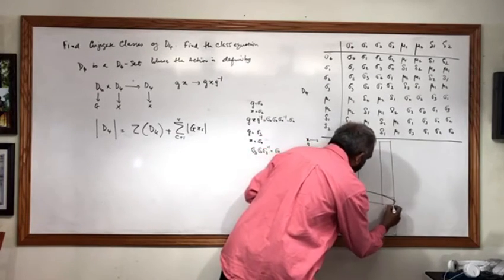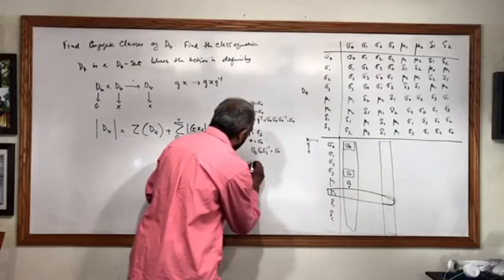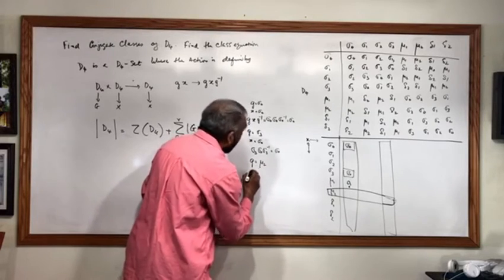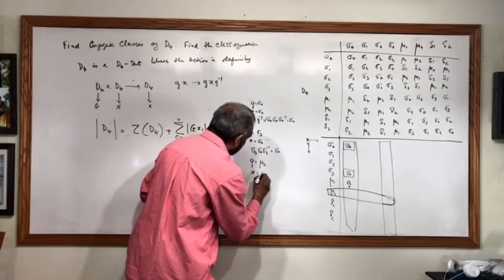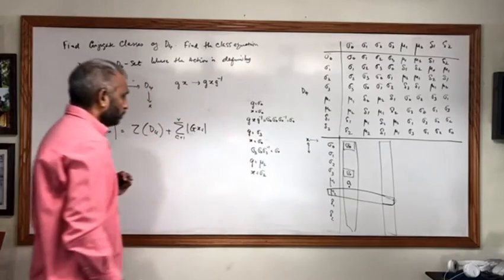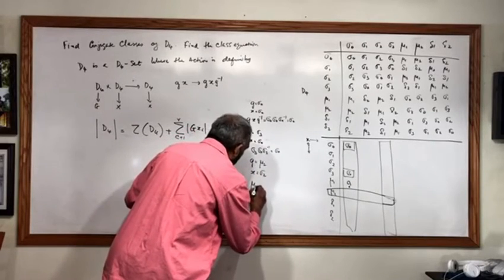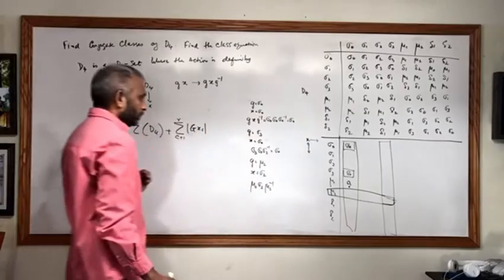So this is in this area, in this column, what we'll have is g equal to mu2 and x equal to sigma 2. So this element will be mu2 sigma 2 mu2 inverse.